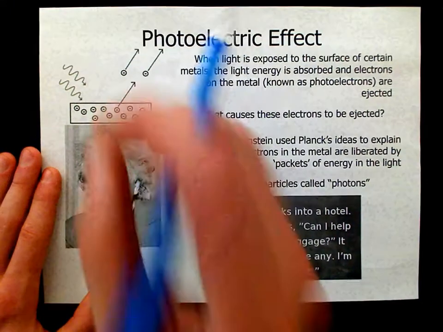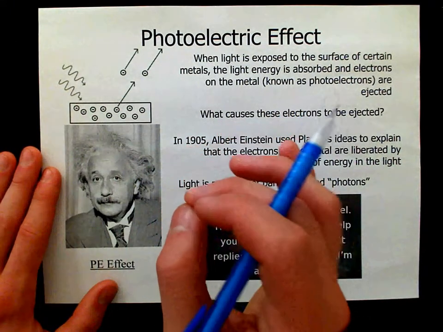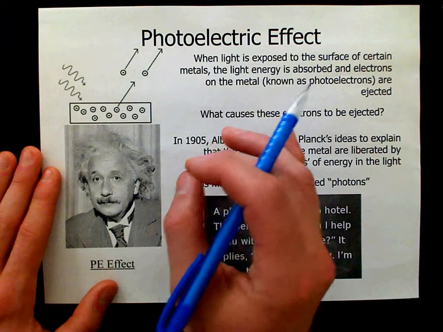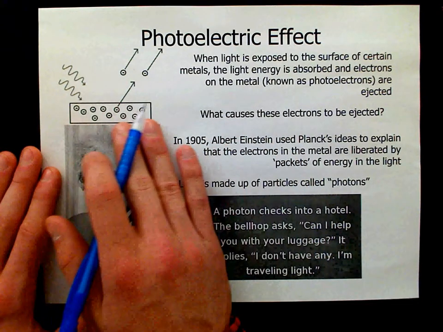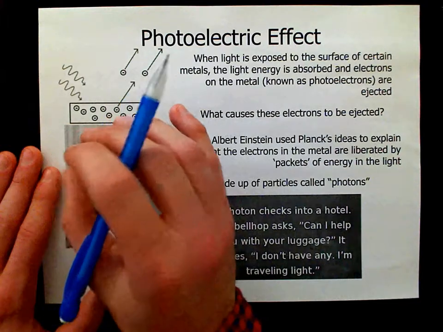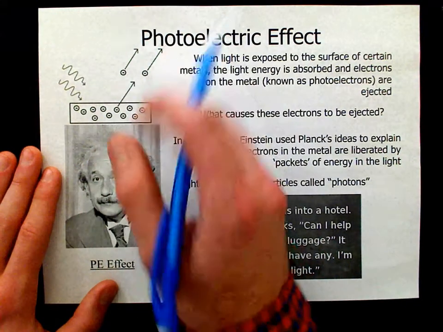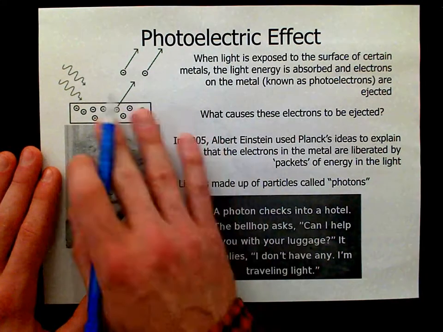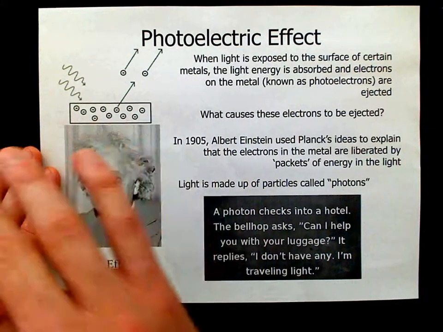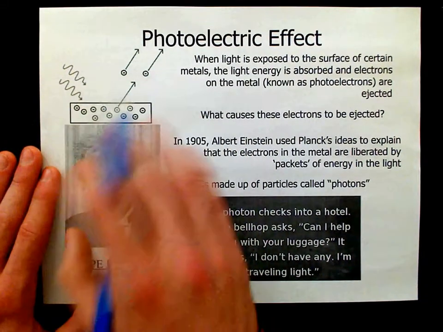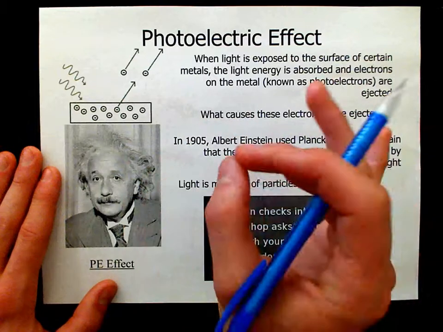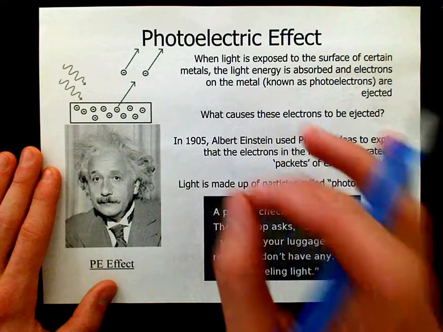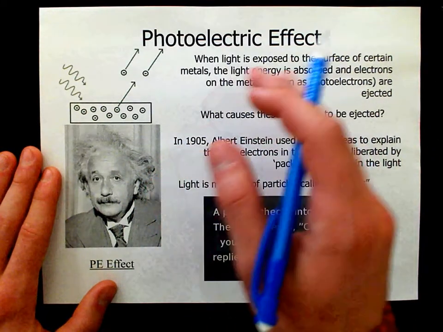But as soon as we get that frequency up to a specific level, enough so that it could start liberating these, once we cranked up the intensity, then we could see more and more start flowing. So it doesn't matter about the intensity, it doesn't matter how much of these waves we send at it, it needs specific frequency or specific energy to allow it to release.